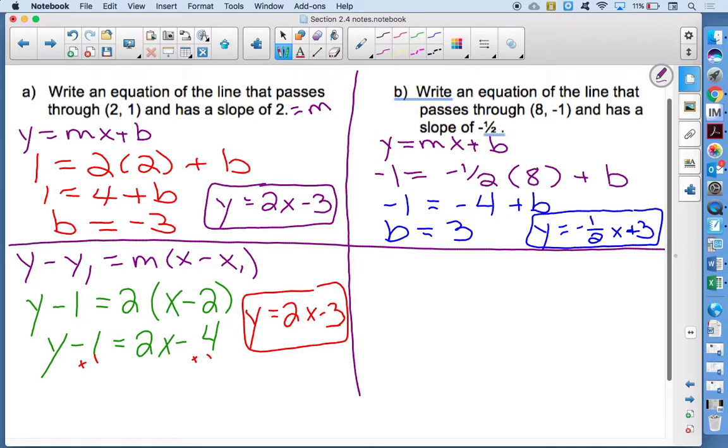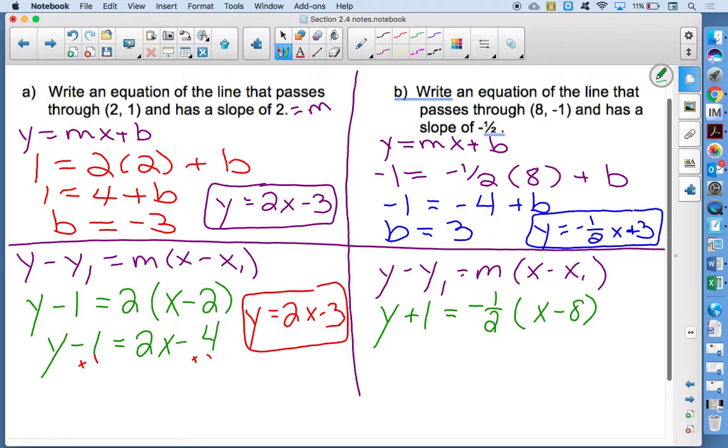Questions? Megan, can you plug in the point-slope values? Be careful when you're plugging a negative in.